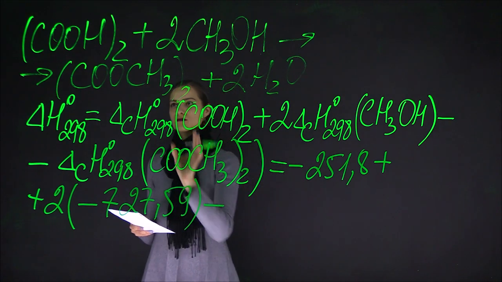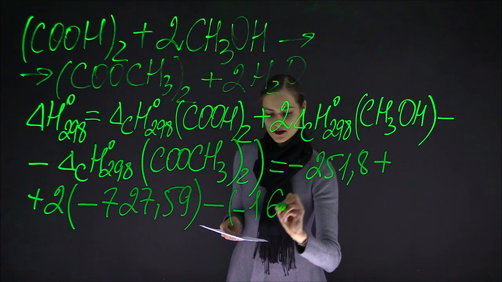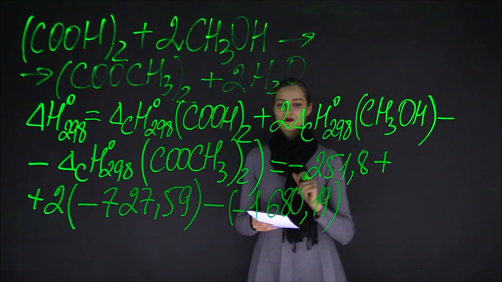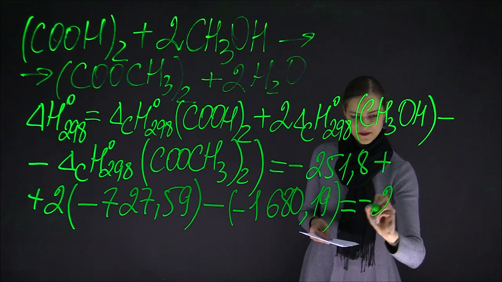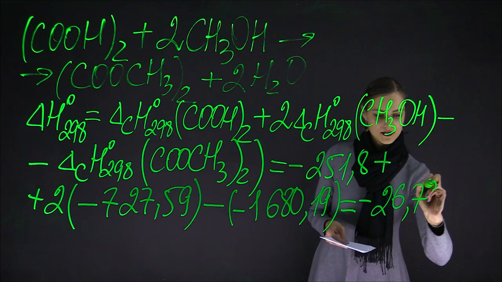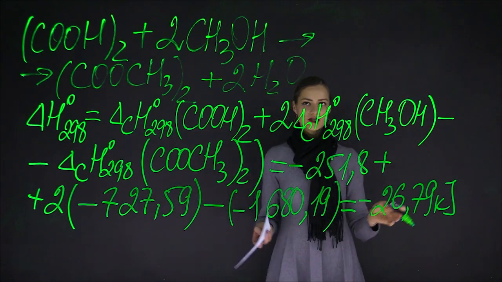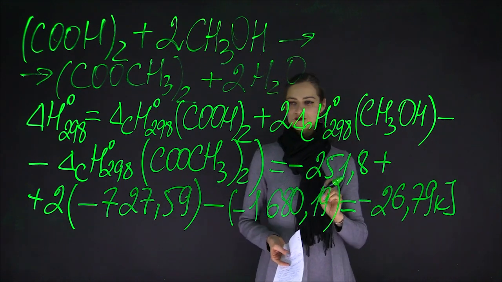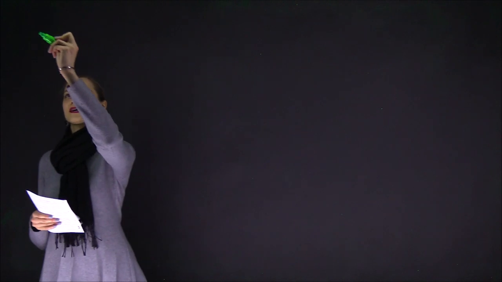And now we subtract product, minus 1680.19 kilojoules for 1 mole once again. But at the end we have minus 26.79, just pure kilojoules. So as you see, I already said that combustion reactions are exothermic reactions, so minus 26.79 kilojoules.